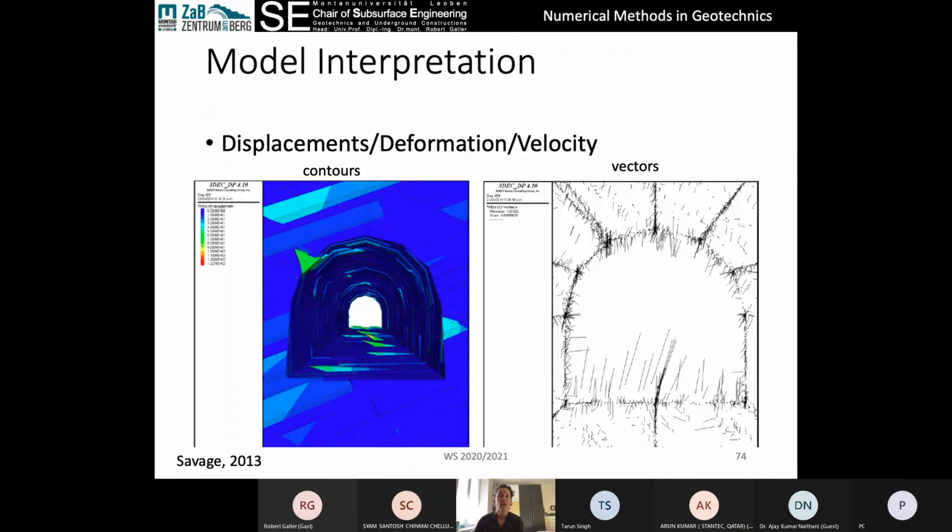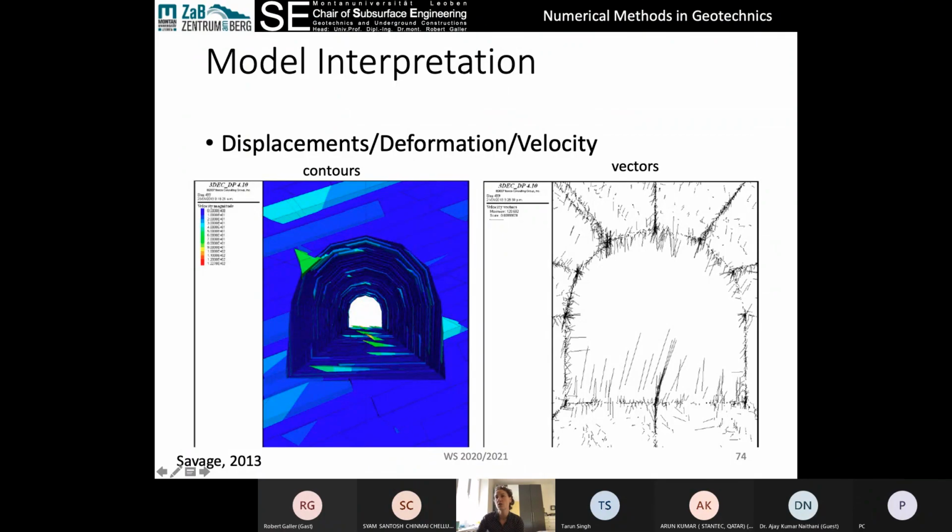We'll also be looking at deformations. So this is an example from a discontinuum code, 3DEC, where we have a blocky rock mass and we're looking at the movement of individual blocks. Where are they moving? They're moving in the invert, up in the crown. We can be looking at vectors, so arrows that point the direction of movement of our material.